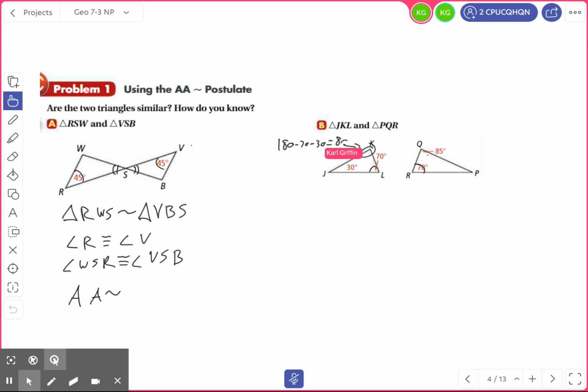We're left with 80 degrees. And so this is not going to have two congruent angles with QRP. So we can say not similar.